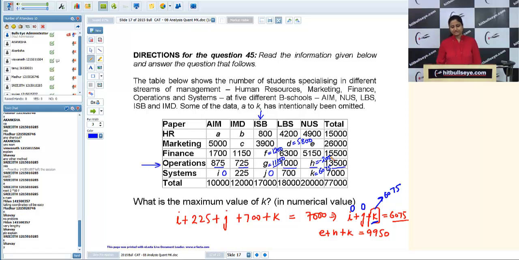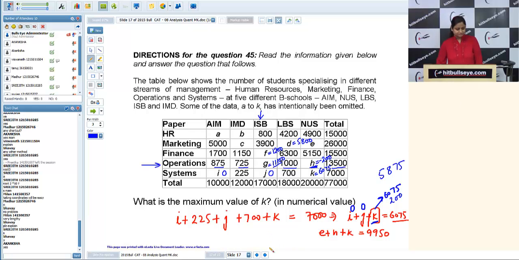So the only thing we can consider is that H can minimum be 0. If H can minimum be 0, we have to subtract 200 from this because we are getting H as minus 200. So what can be the maximum value of K? It will be 5875. Is it okay now? Correct? Guys, Bhavya, that was your problem.